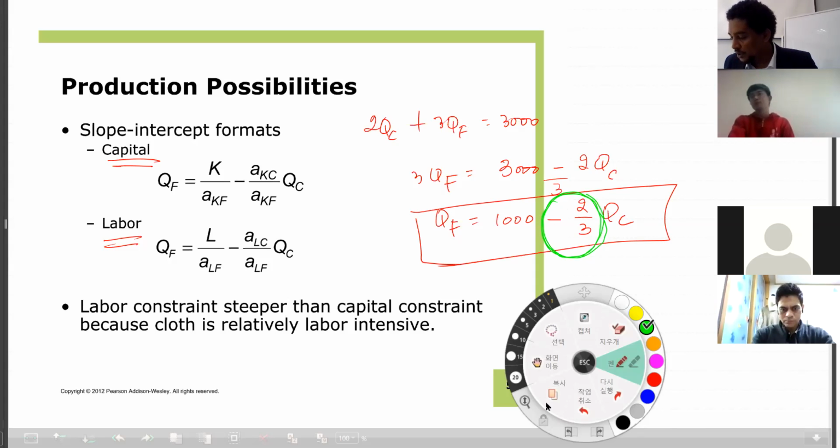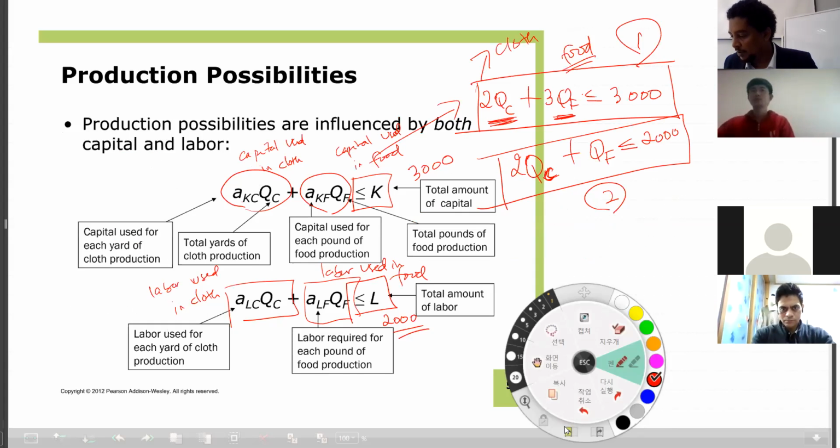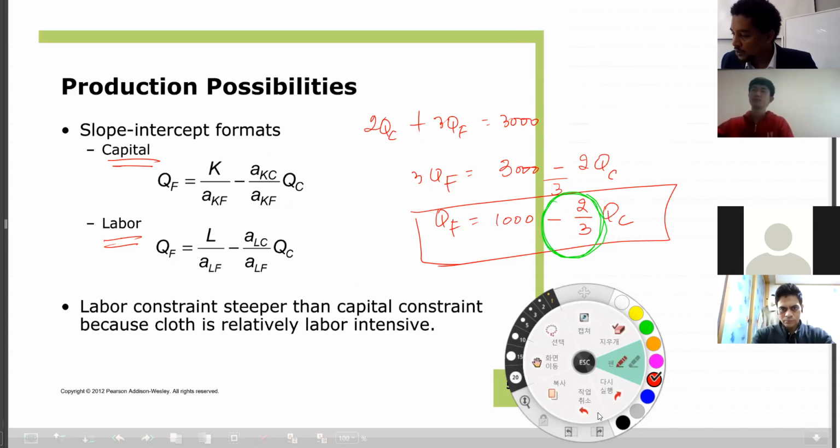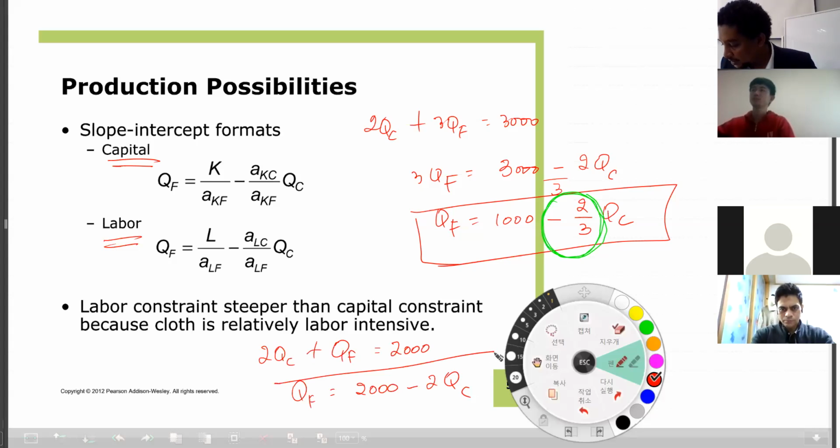And how can you compute the slope for labor? We have here this equation for labor, okay? 2 times quantity of C plus quantity of F is equal to 2000, okay? So we compute for quantity of F, which is equal to 2000 minus 2 times quantity of C. So this is our equation, and this is the slope for labor, right?